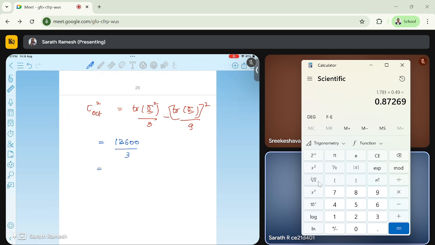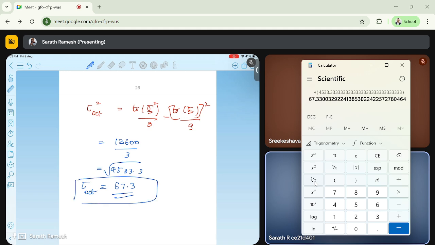So this is nothing but 13,600 by 3, which is 4,550. This is square root of 67 by 3. Right, that's it. This is octahedral shear stress.